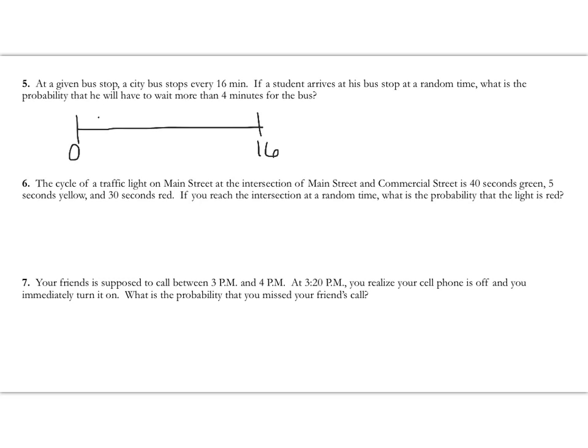That's how much time passes for the bus to show up. And then our sweet spot that we're talking about is 4 minutes. We know in here this section is less than 4 minutes, and in here this section is when it's more than 4 minutes. And we want to know the probability that he's going to have to wait more than 4 minutes. So that's this whole section.